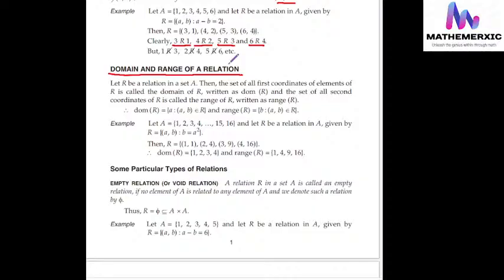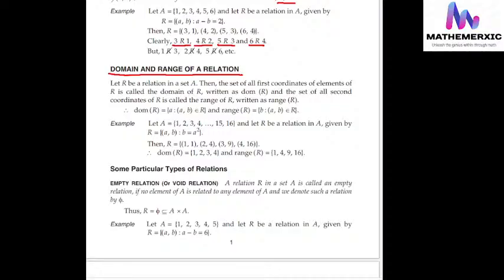For example, we have A equal to {1, 2, 3, 4, 5, ... 16}. Let R be a relation in A given by {(a, b) such that b is equal to a square}. Obviously, b equal to a square gives (1, 1), (2, 4), (3, 9), (4, 16).